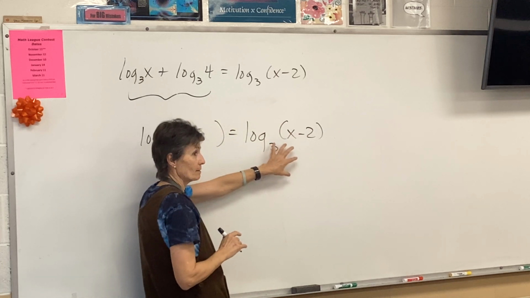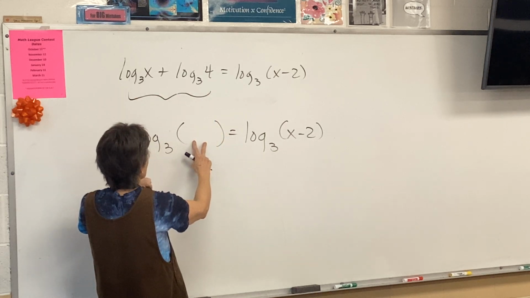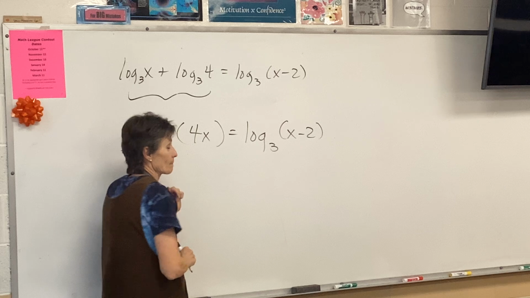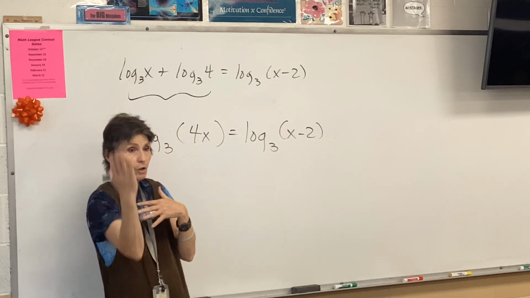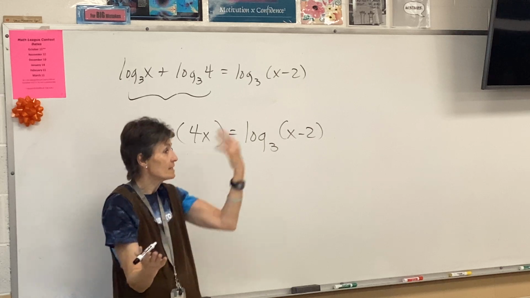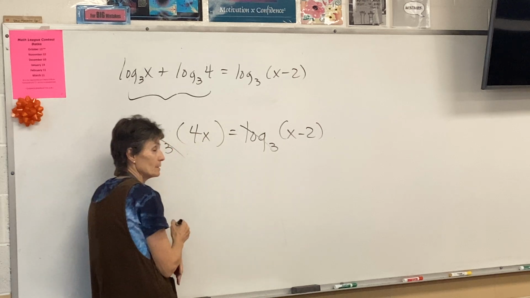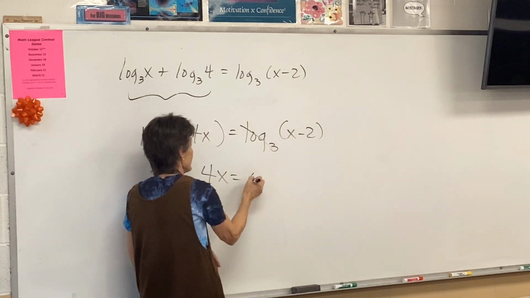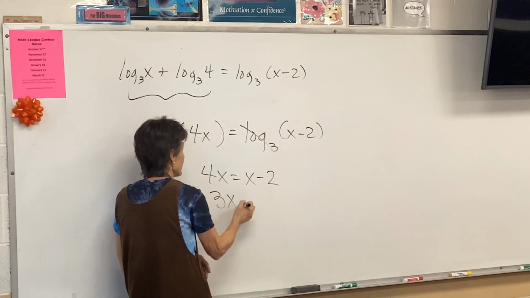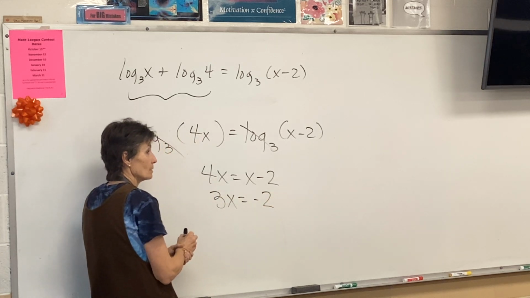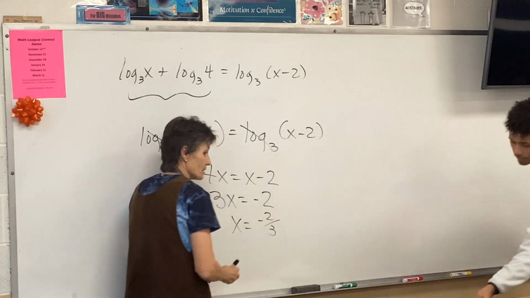What's gonna go in the parentheses? 4x. As soon as I have log of left equals log of right, then these can be gone, and I have 4x equals x minus 2. So 3x equals negative 2, and x equals negative 2/3. You guys on track?